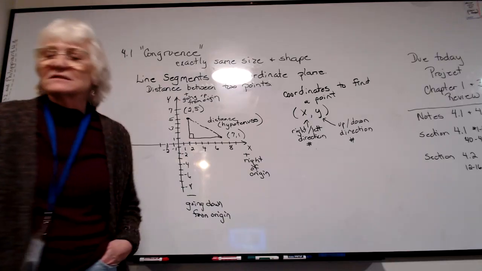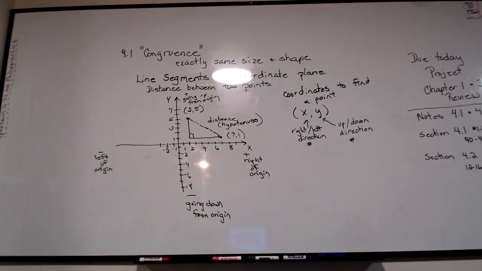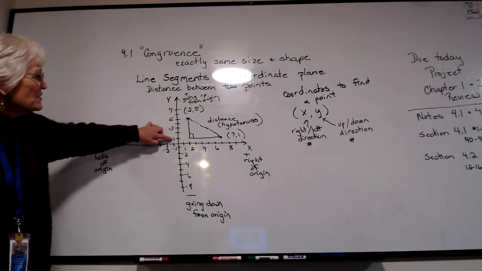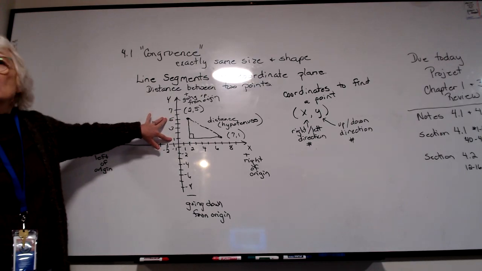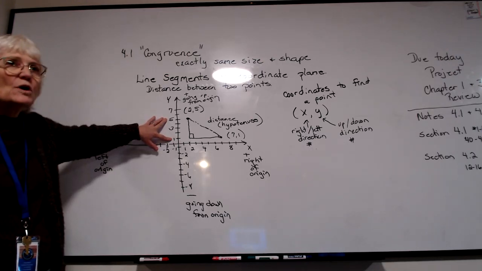We make the distance the hypotenuse of our right triangle, okay? And so it's really easy. You can figure out, okay, 5 down to 1. How far did I go? I went 4 steps, right? From 5 down to 1.